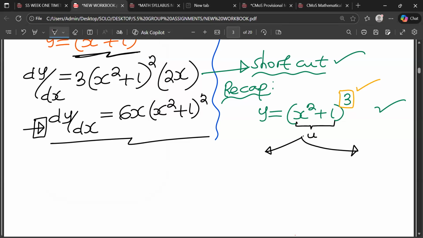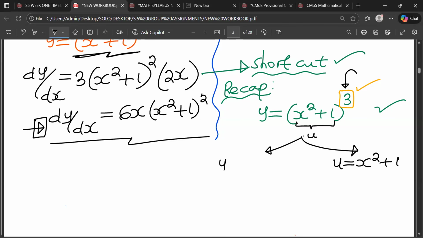So when you replace that thing inside the bracket with the u, this usually comes when this power is very big or very weird and disturbing. You get? So when it's such a power, when you replace it with u, that means your u is now x squared plus 1.